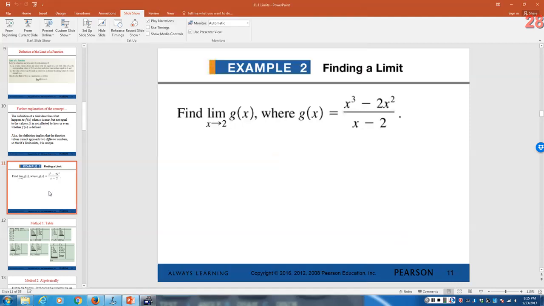Now here's the thing that's troublesome about that. The limit of g of x as x approaches 2 is 4.